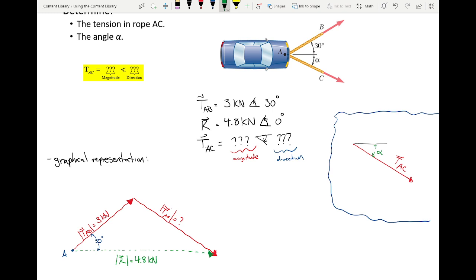Looks like a little fish, like if an A and a fish cross paths. Remember geometry? Remember parallel lines cut by a transversal, right? If I have two lines cut by a transversal, then this angle and this angle are equal.